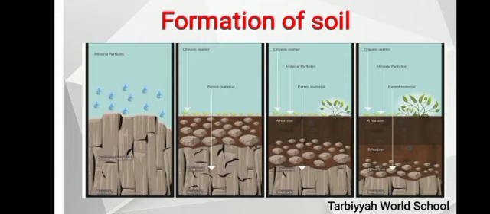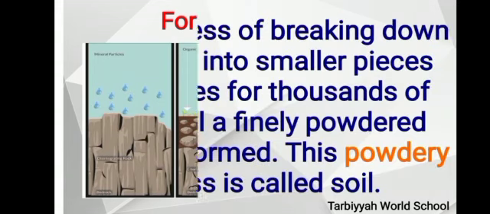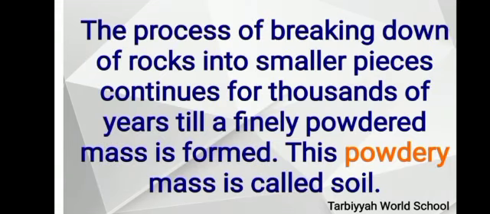The dead remains of plants and animals also get mixed with these pieces. Okay? So, this is the formation of soil. The process of breaking down of rocks into smaller pieces continues for thousands of years till a finely powdered mass is formed. This powdery mass is called soil. You might have wondered how water can crack and break a rock into pieces.